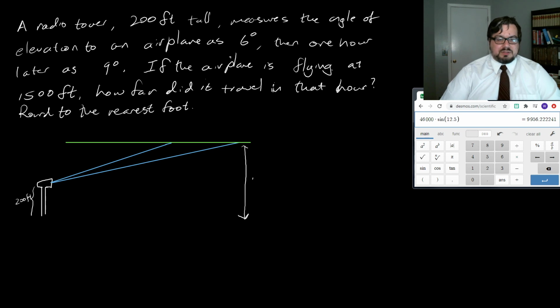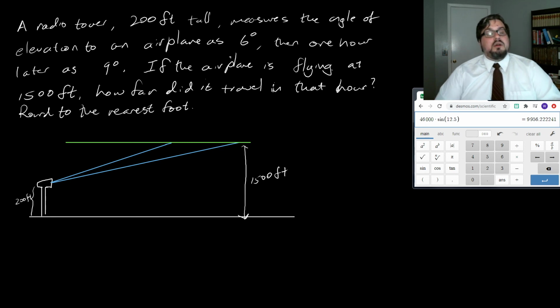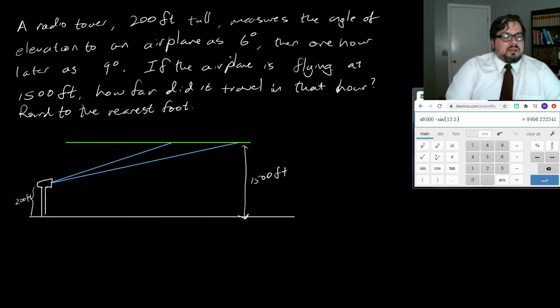So this height down to the ground is 1,500 feet. And then, let's see, what else are we told? We're told that one of the angles of elevation that we see is 6 degrees. So I'll do that one there.